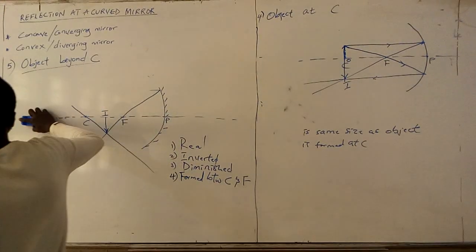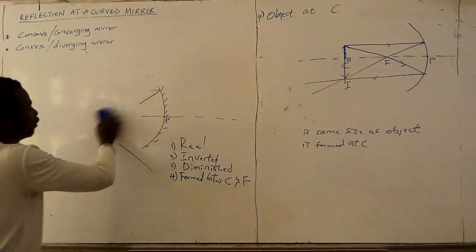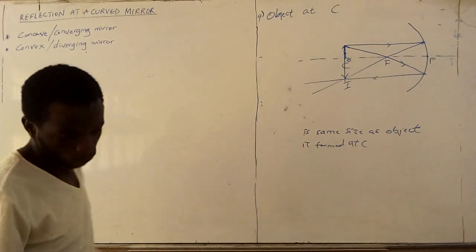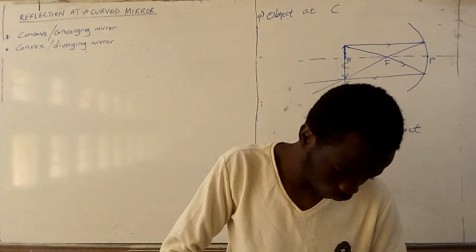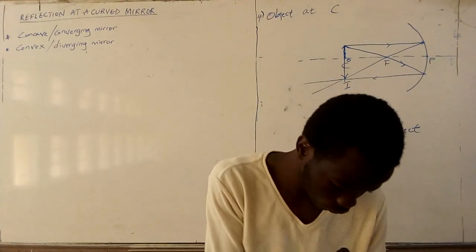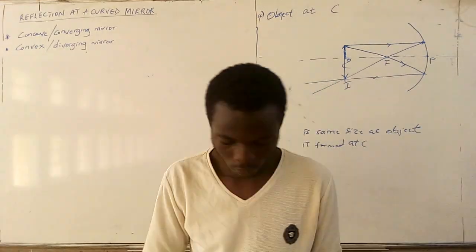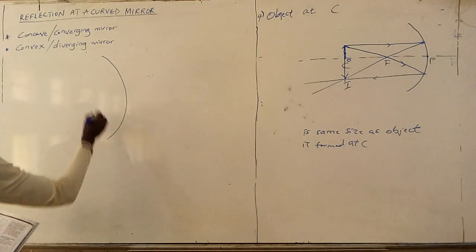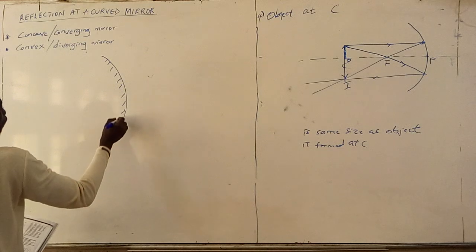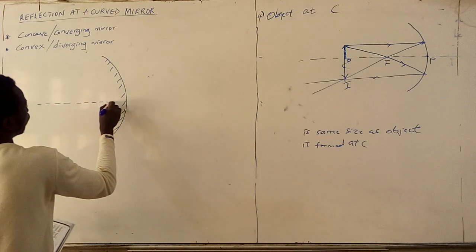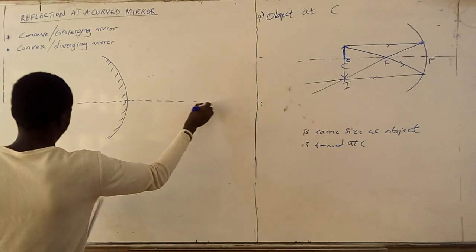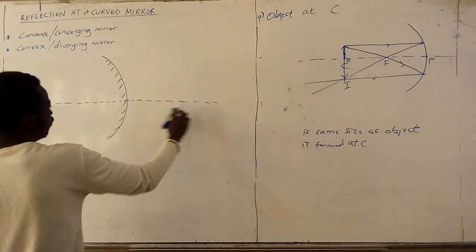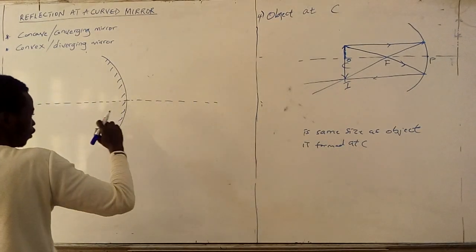So let's now look at the image formed by a convex mirror. Now, objects that are placed in front of a convex mirror.